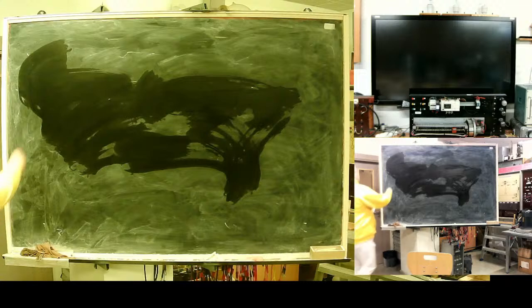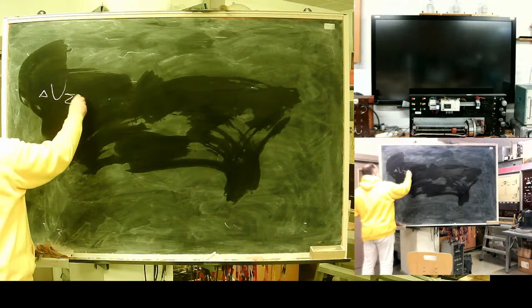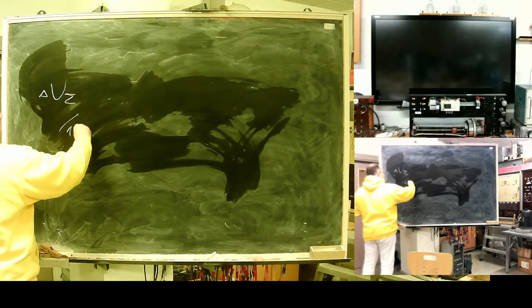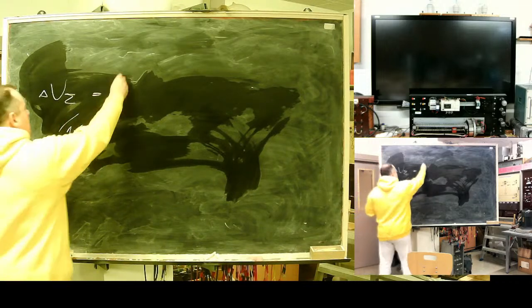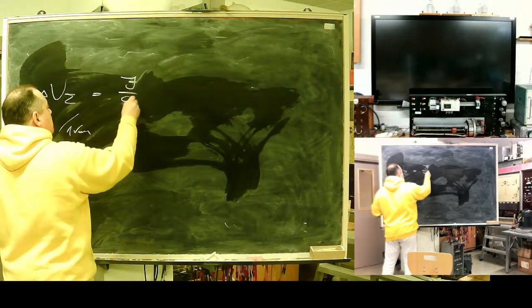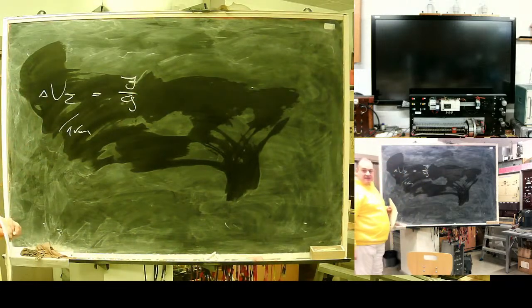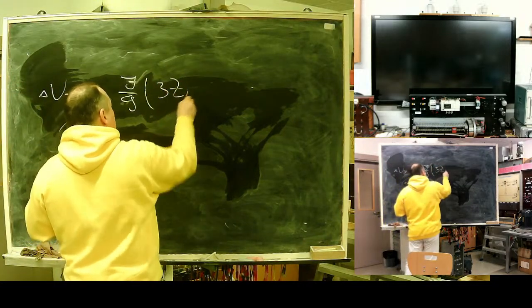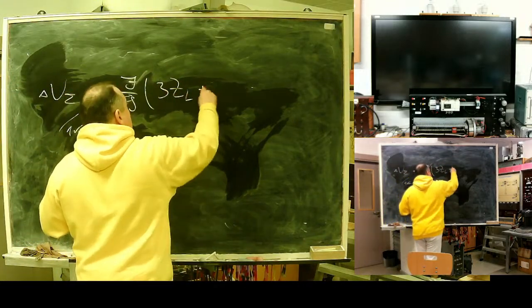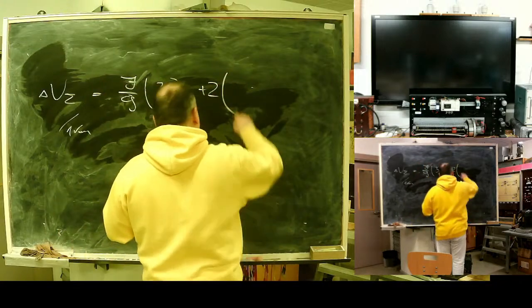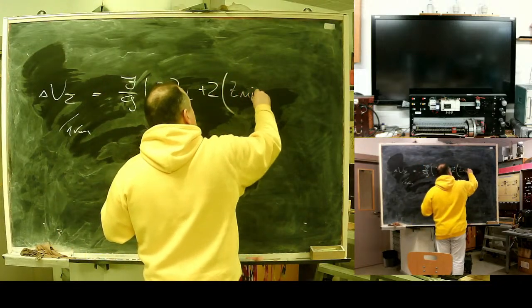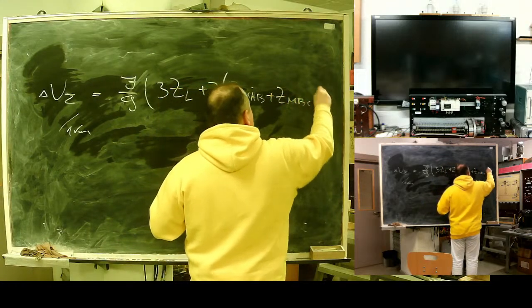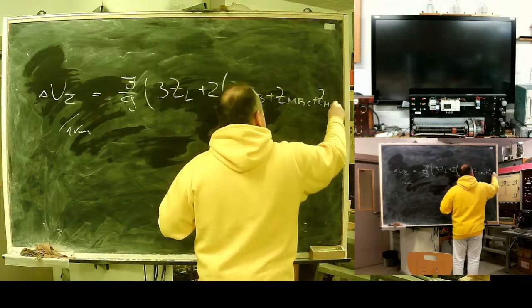Since I have three segments, the voltage drop per 1 unit of length will be 1/9 of current times triple self plus double ZMAB plus ZMBC plus ZMCA.